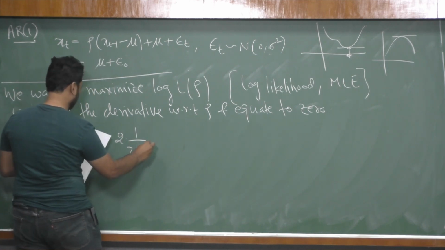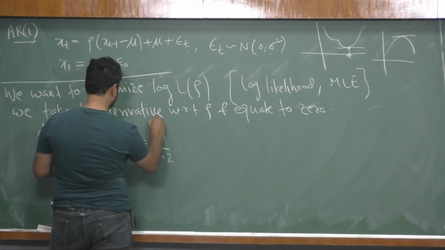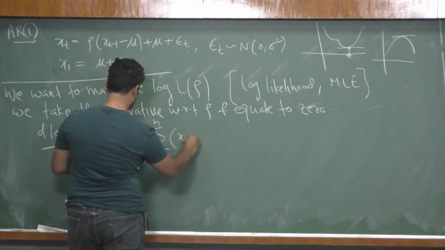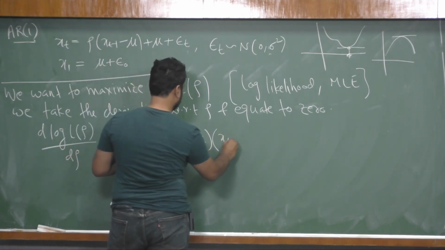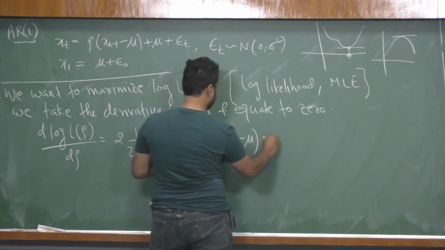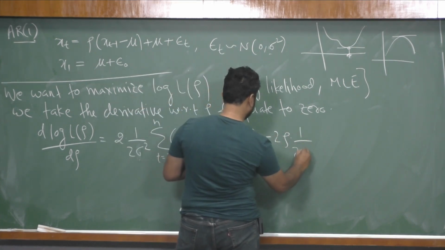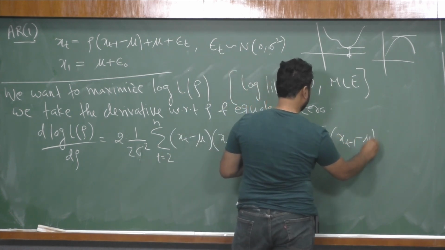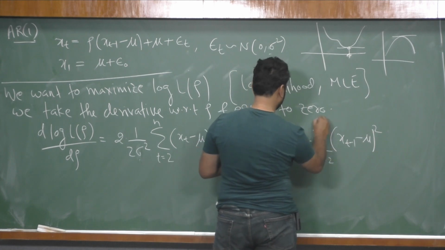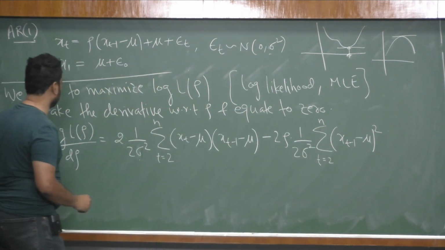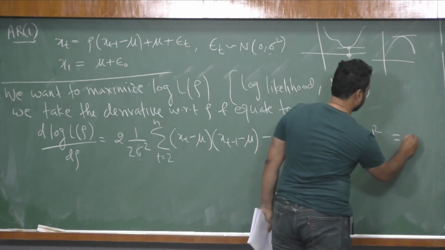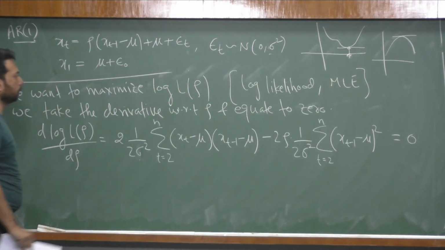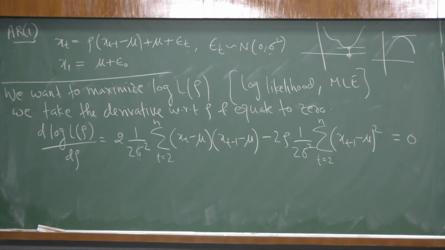It's easy: the sum over t equals 2 to n of (xt minus mu)(xt-1 minus mu), minus rho times 1 by 2 sigma squared the sum of (xt-1 minus mu) whole squared. We took the derivative and we have to equate it to 0. As I said, the first term will have no contribution, but there will be a contribution from the second term, because rho is there.